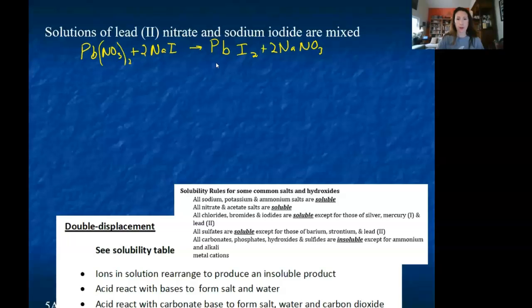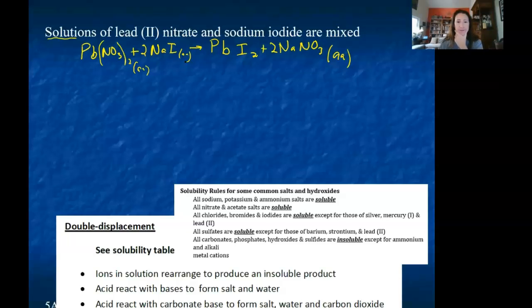Okay, so we already know this one's aq. This says solutions of lead, so that's aq, because solution just means aqueous. So one of these is a solid.